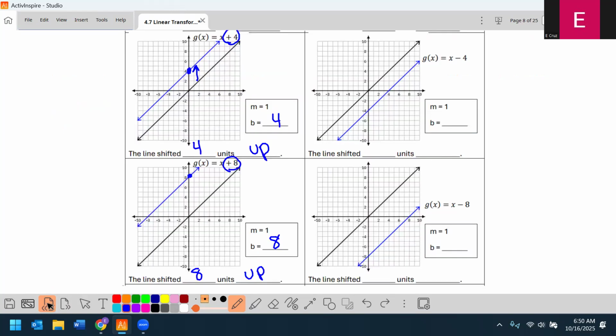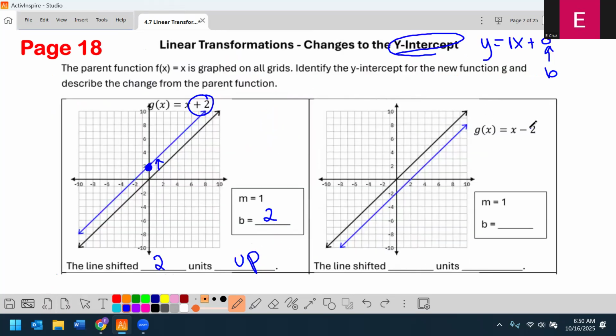Okay, let's go back to the top right side of the page. So now you notice my graph is not above the parent function anymore. The blue line is below it. And so it's at -2. The y-intercept is -2. That means it shifted the graph 2 units down.